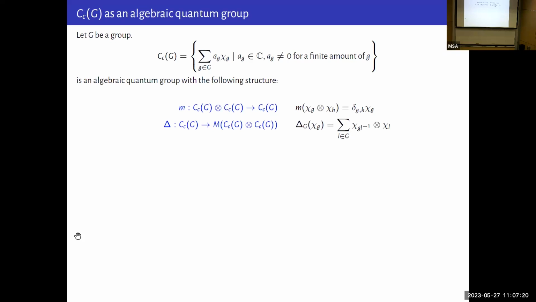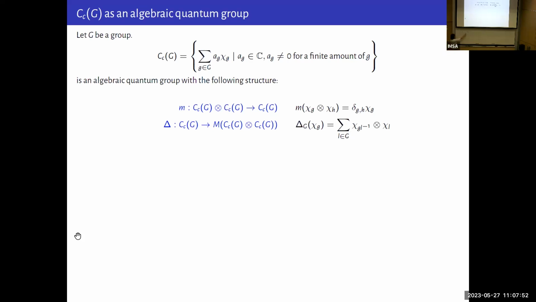We need the comultiplication, but note that it is now allowed to take values in the multiplier algebra of this tensor product. What is the multiplier algebra? Well, if we start with an algebra A, we ask that the product in A must be non-degenerate.